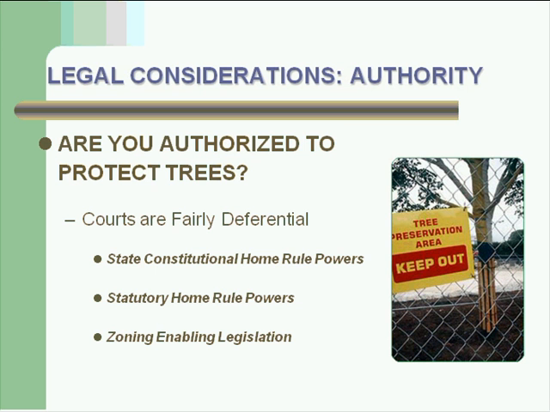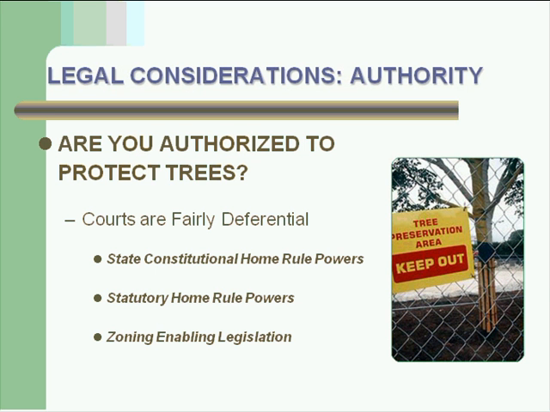But the large majority of the states, and North Carolina, the state that Chad and I live in, is a good example of this, actually enable local governments to regulate land or to regulate the cutting of trees through specific grants from the legislature, either through special legislation or general legislation. And that's generally where you're going to have to look. But it's important to know where it comes from and specifically to know what you can and cannot do.